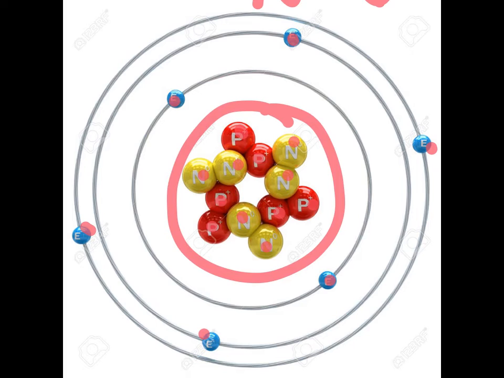So this picture is accurate because it has 6 of each subatomic part. It has my protons, neutrons, and electrons properly labeled with the correct positive, negative, or neutral symbol. And it also remembered that I can only have 2 electrons in my first electron shell, and then I can have more.